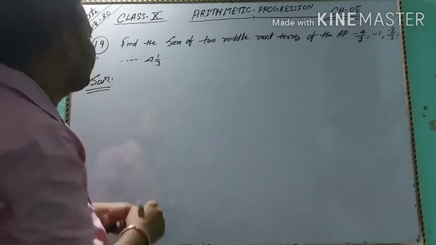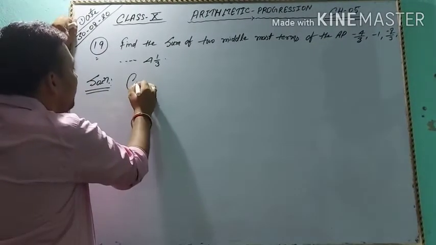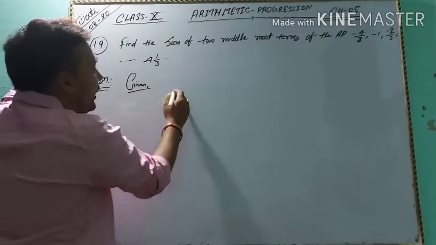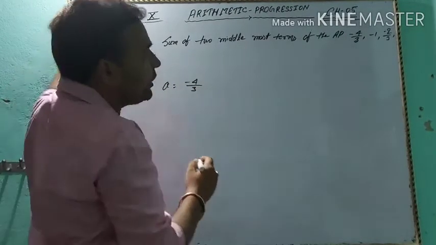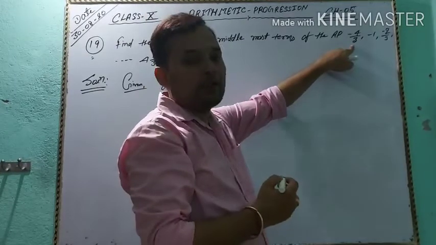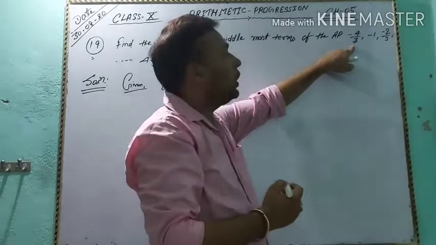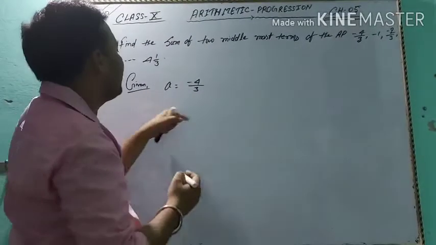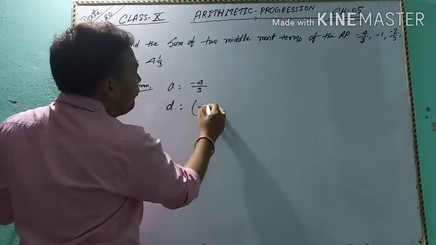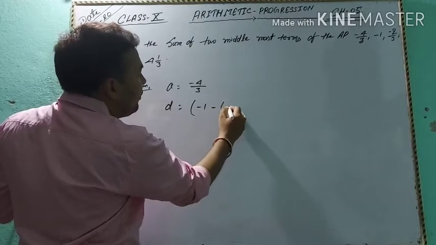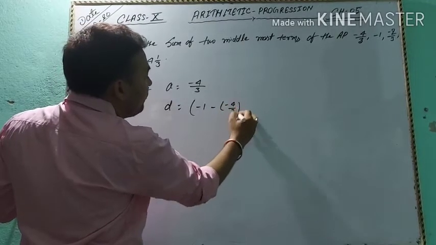Here given A equals minus 4 by 3, because the first term of this AP is minus 4 by 3. D equals minus 1 minus of minus 4 by 3.